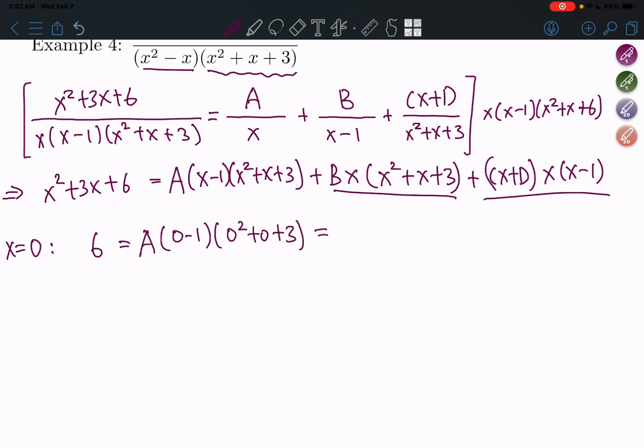So that's just equal to negative 1a. No, negative 3a. Yeah, definitely got to be careful here, right? That right there is -1. That right there is 3. Okay, and from here, divide both sides by -3. A is equal to 2.